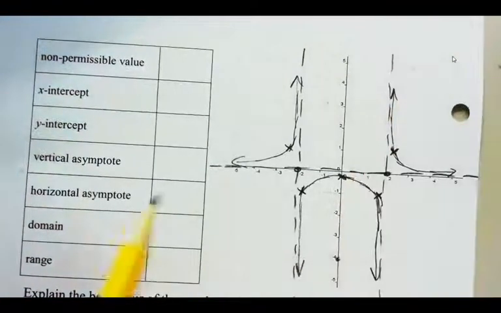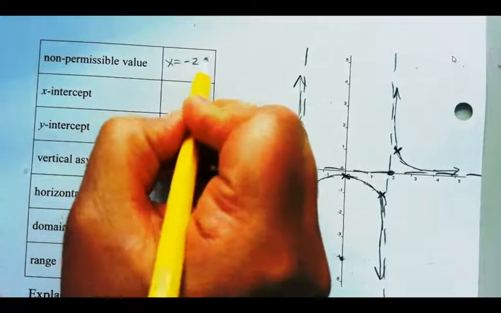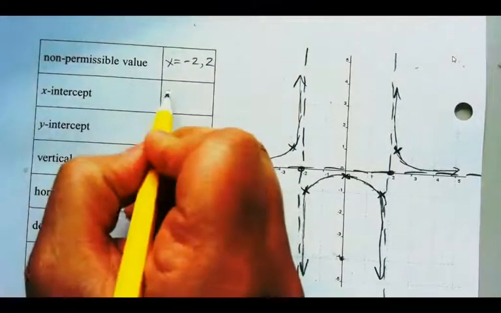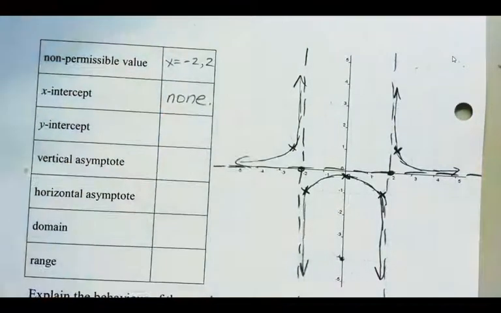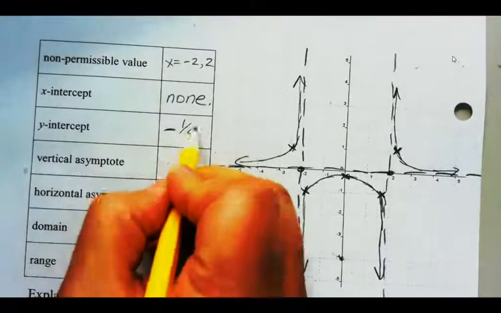Okay. So what's our non-permissible value here? -2 and 2. What's my x-intercept here? There is no x-intercept. What about my y-intercept? -1/4.